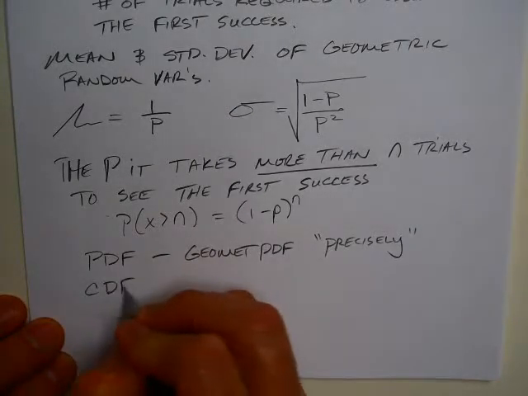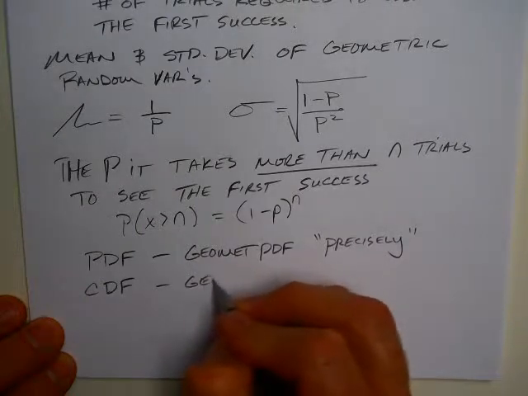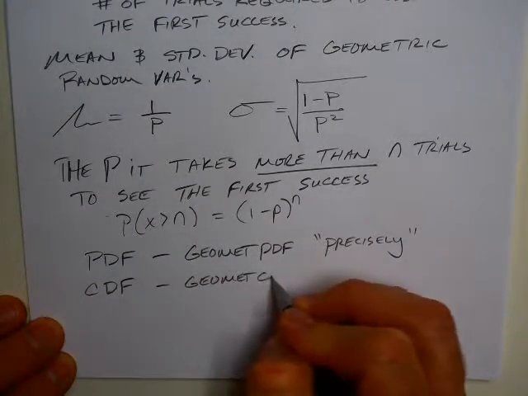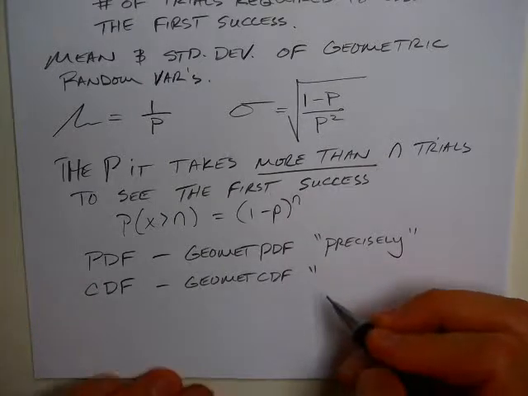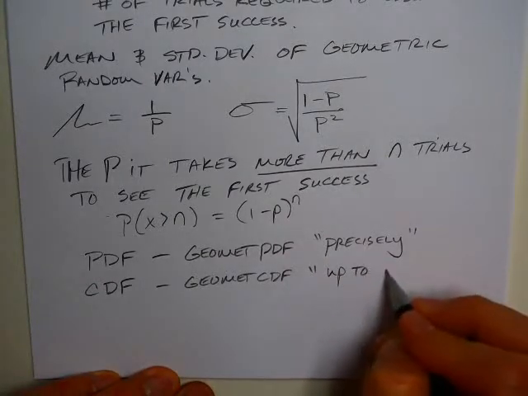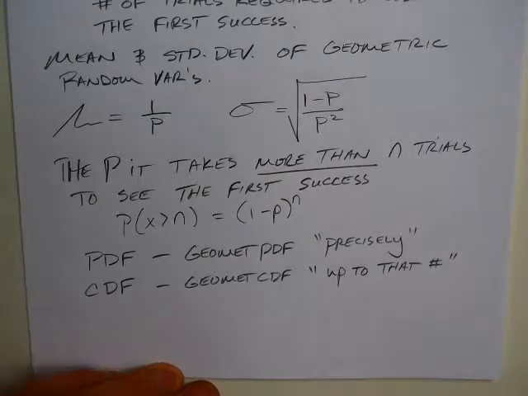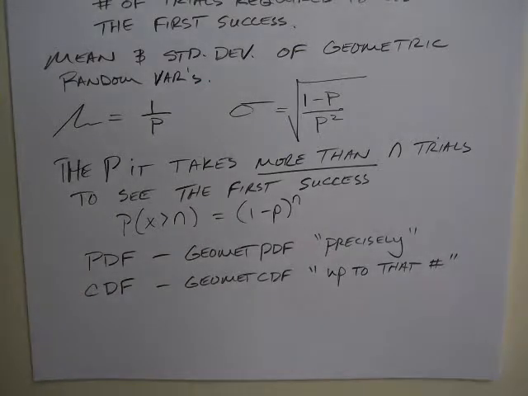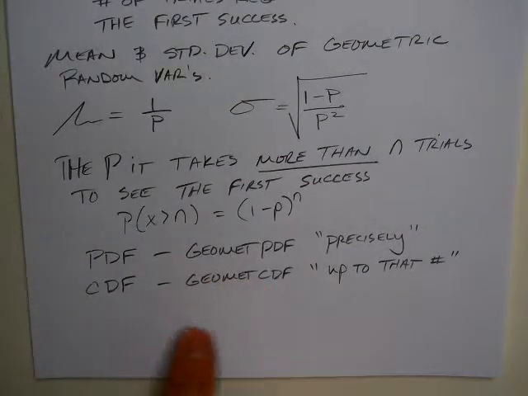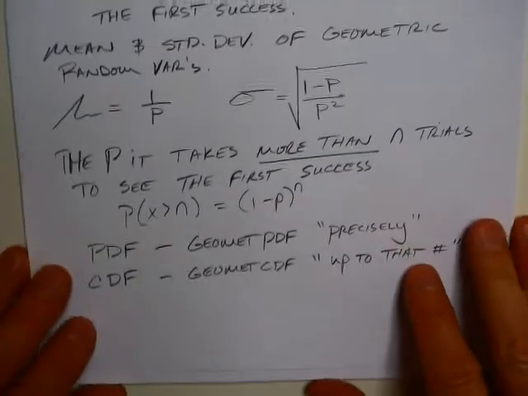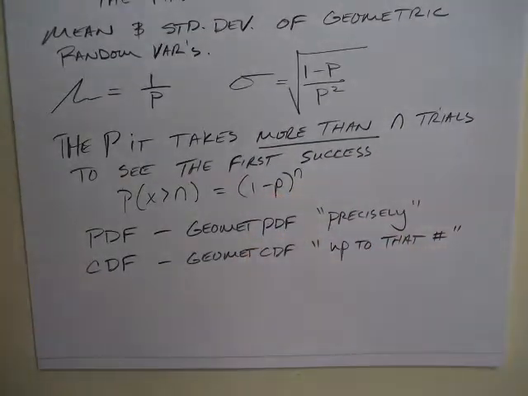And the CDF is geometcdf, and this is that up to that number. Again, the problem is we can't really do 1 minus these. It doesn't really work out. So we have to use this guy here as our 1 minus probability. So this is that more than that number.